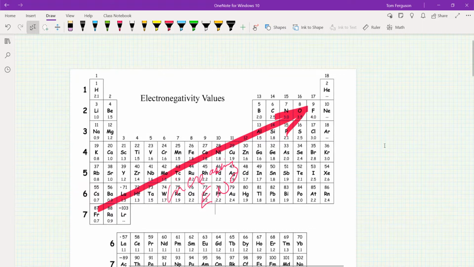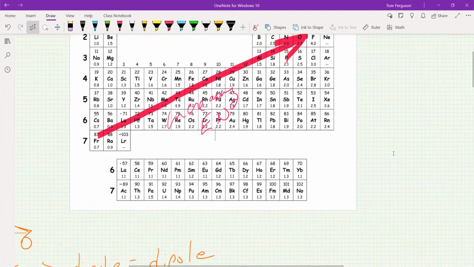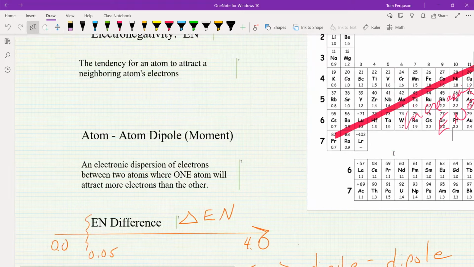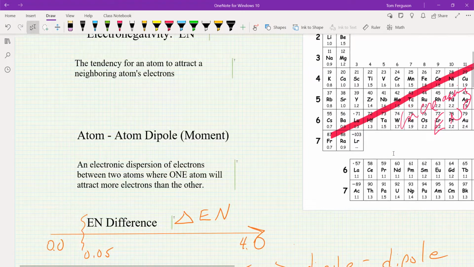Okay. Normally we think of electronegativity in terms of atoms attached to another atom or a molecule. So you've got a difference in electronegativity if you have more than one atom.